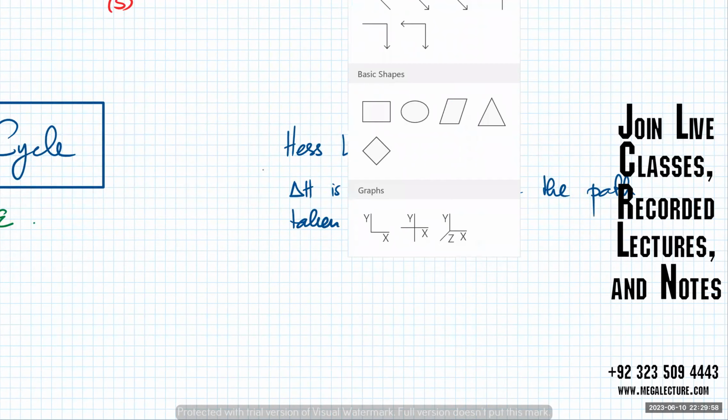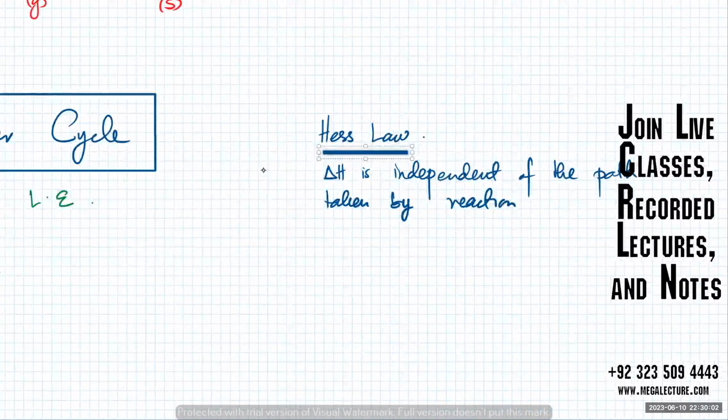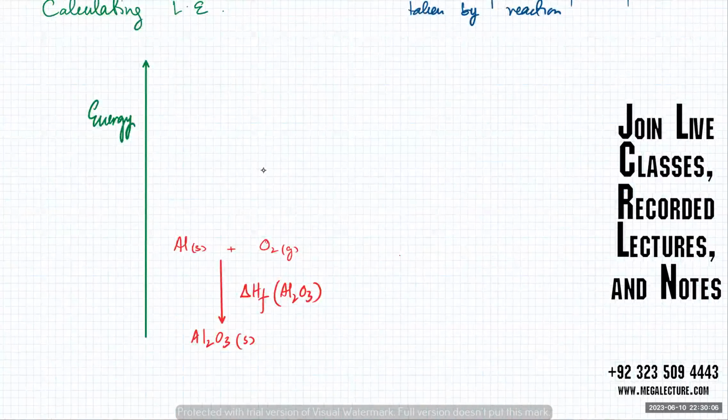You're going to get the same enthalpy change no matter what happens in the middle. So anyways, you've got this part, the enthalpy of formation. Now we're going to break this into steps. So we're at this point.